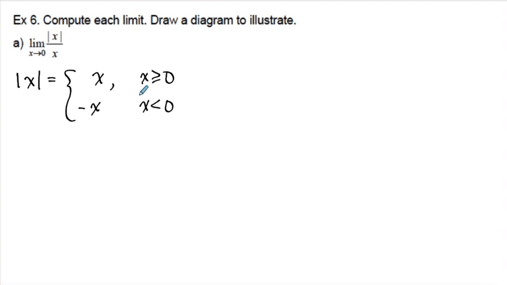And so if we want to think about what now happens to the limit as x approaches 0 for the absolute value of x over x, we can think about what that is going to look like. So if I have the absolute value of x over x, again, I'm going to have two criteria, one when x is greater than 0, and one when x is less than 0.